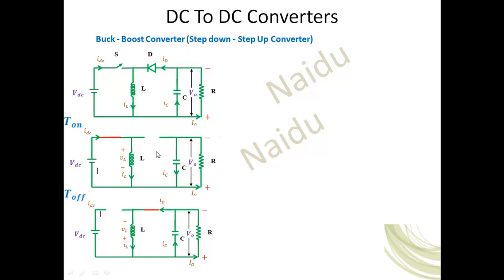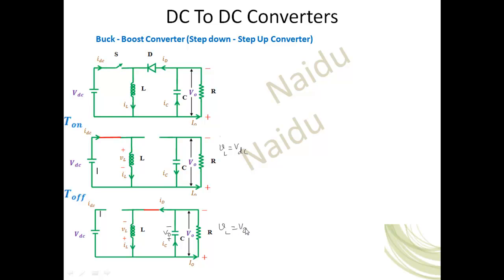Here, during T on, the inductor voltage is the same as the source voltage, so VL equals VDC. When the switch is off, this voltage is the same as the load voltage. In this loop, VL equals V naught.